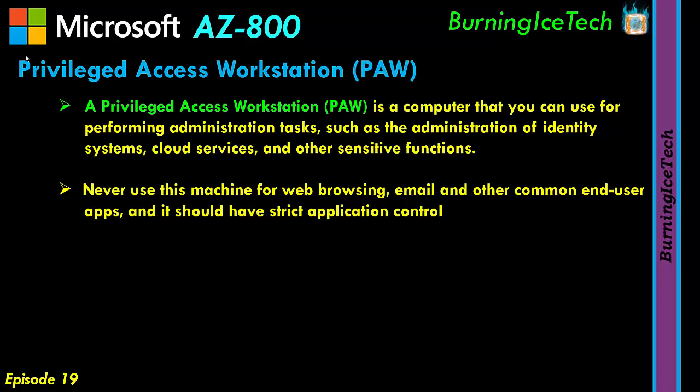Nothing or the bare minimum. If you use a dedicated computer like this to access a server, it drastically reduces the chances of that server getting compromised. This is assuming, of course, you're using this to access a server. It could be something else. So I'm just using a server as an example.